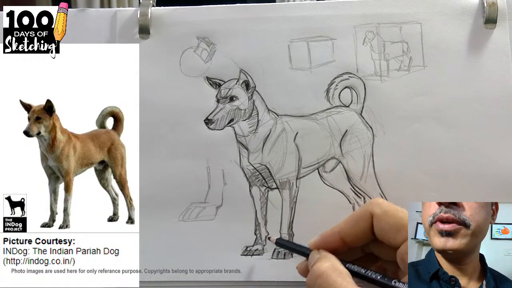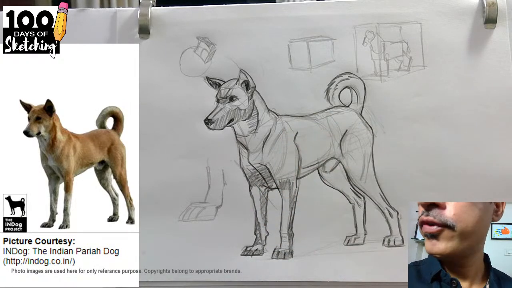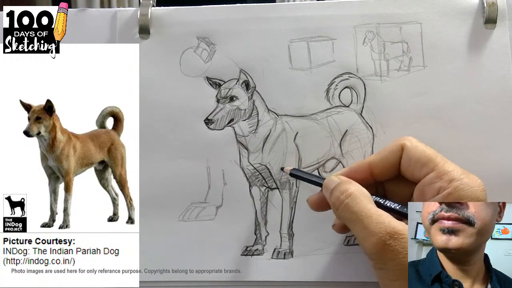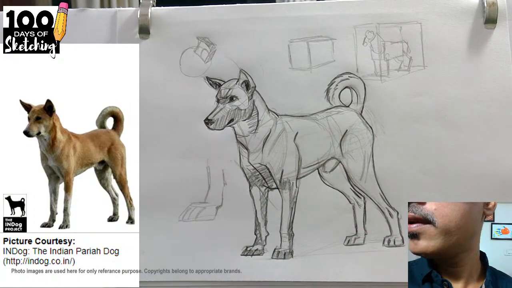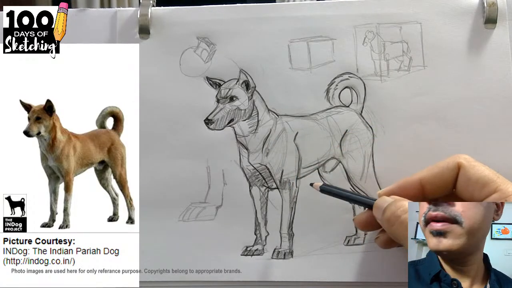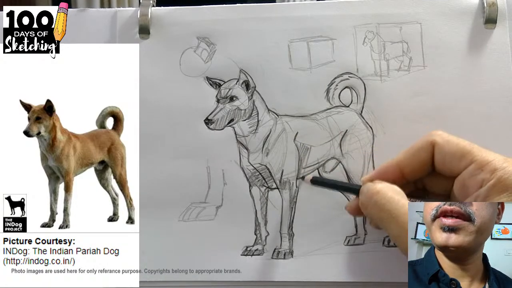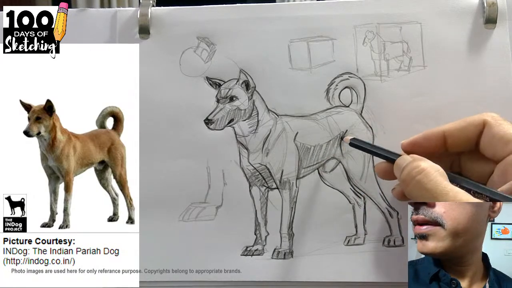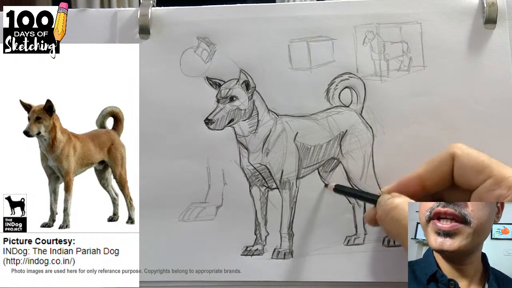So now because of this shading, you can see this muscle feels twisted. And yes, this is dimension-wise, so this can be a shaded part, and this will be a more darker shaded part.